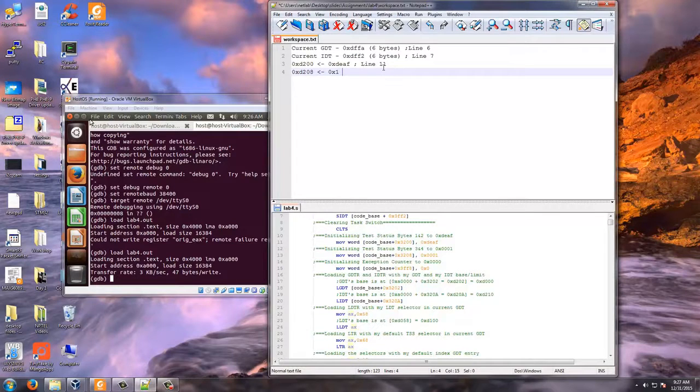This is line number 13. Then 0x DFF8 is set to 0, and this is line number 15.